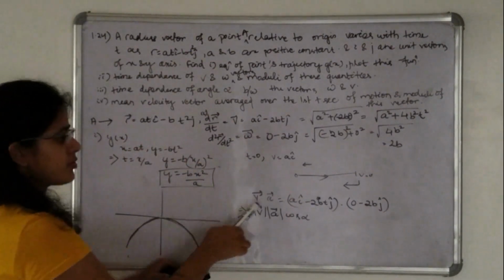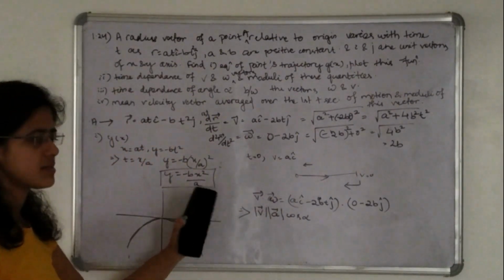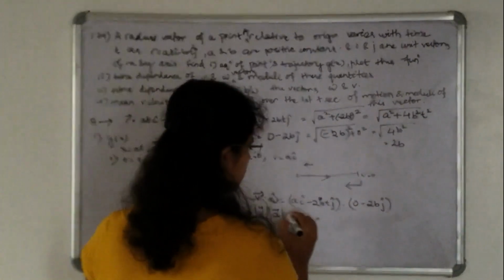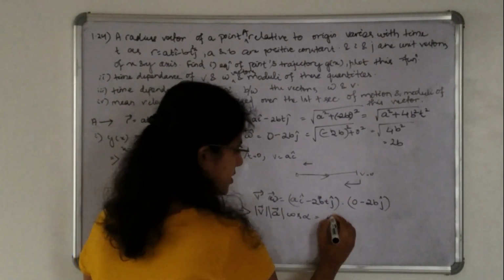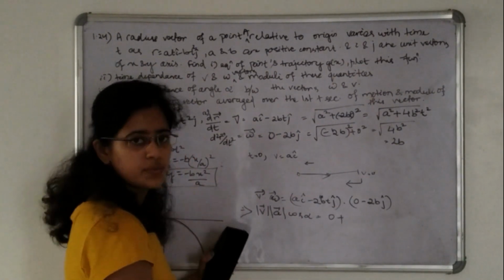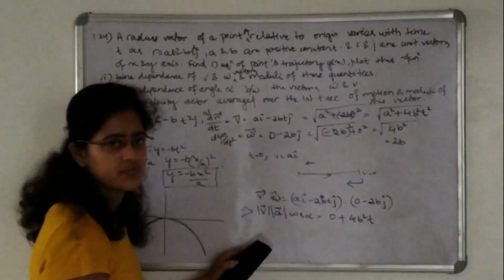Let us say alpha is the angle between velocity and acceleration. So v into a cos alpha is equal to a i cap into 0, that is 0, plus minus minus plus 2bt into 2b, that is 4b square t.